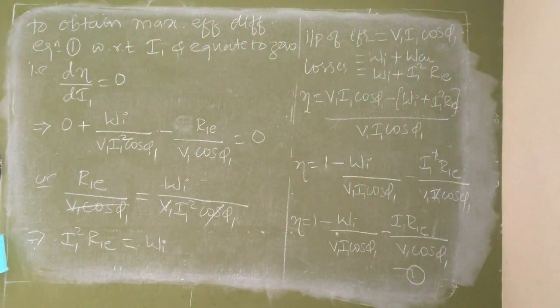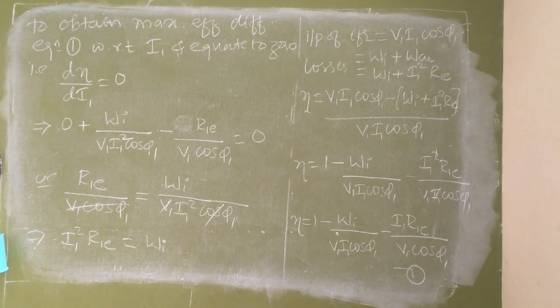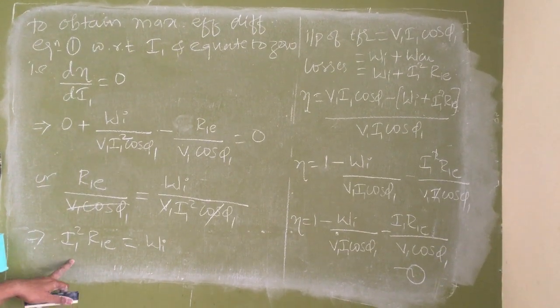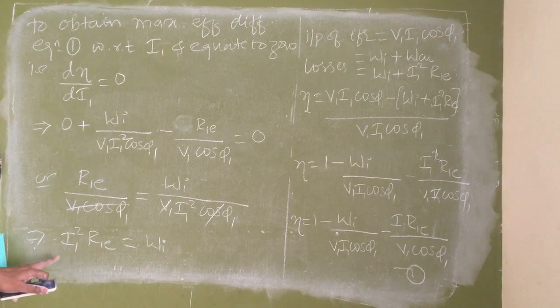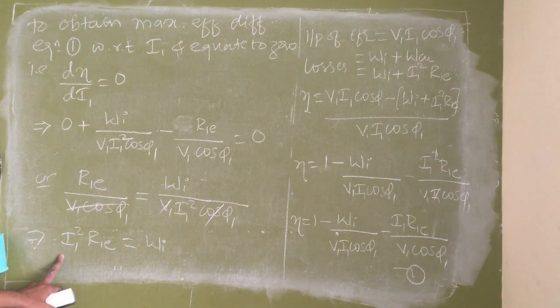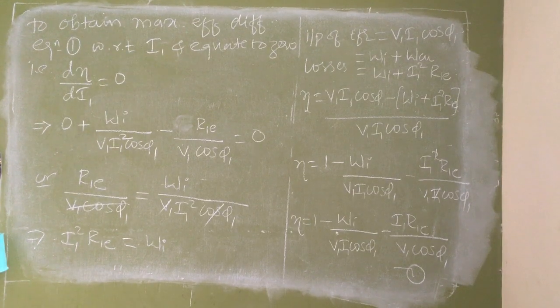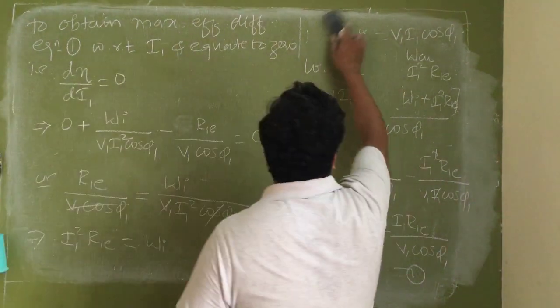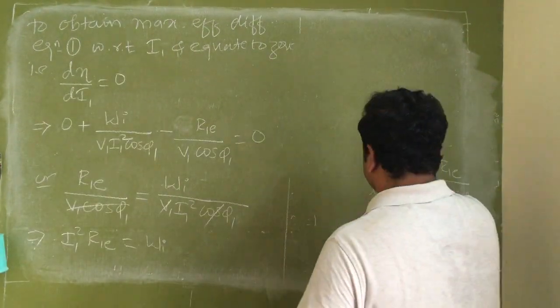What is I1 square R1e? It is the copper loss at any load condition. I1 is not full load, so please don't get confused; this is not the full load copper loss. It is the copper loss at the particular load condition where the efficiency is maximum. In the next part we will see what that load factor is when efficiency is maximum. So what is the condition for maximum efficiency?